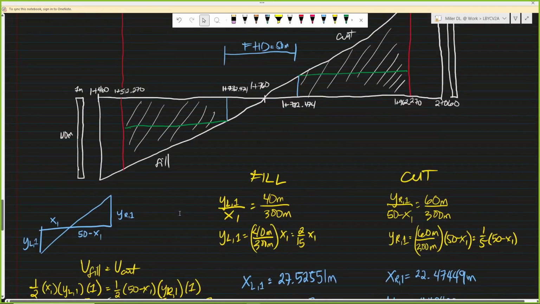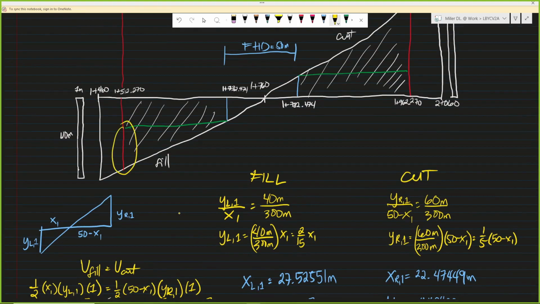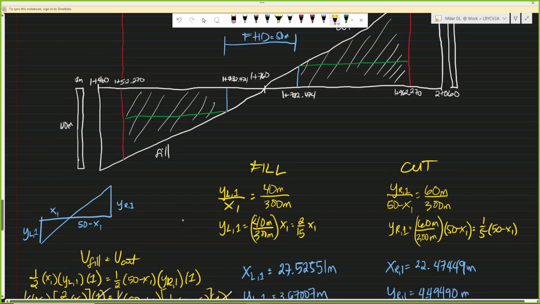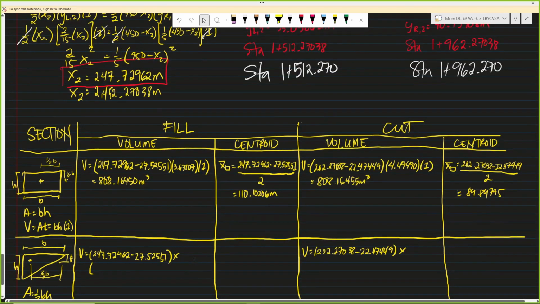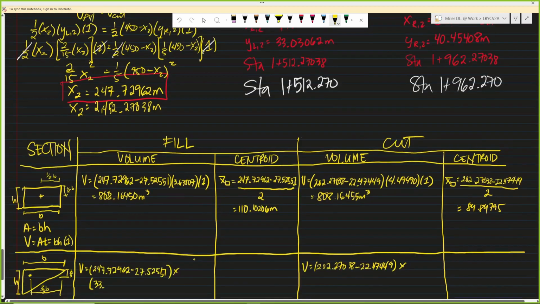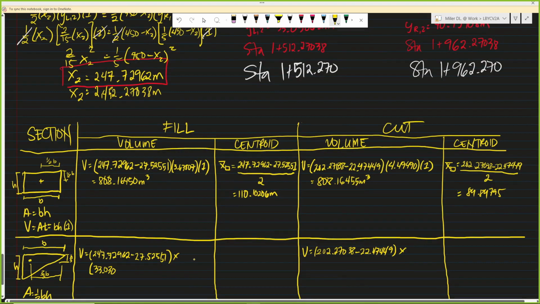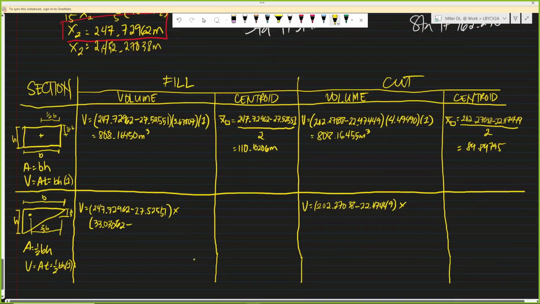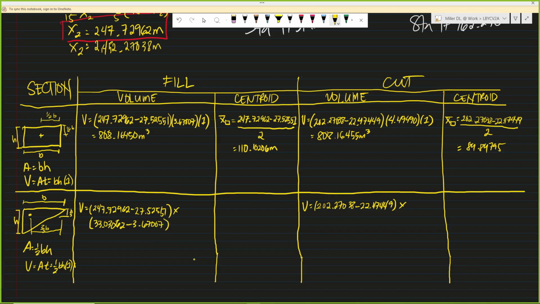Ang altitude natin this time is ito lang. So, the whole this minus this. Okay? So, that would be 33.03062 minus 3.67007 times the thickness, which is 1 unit.